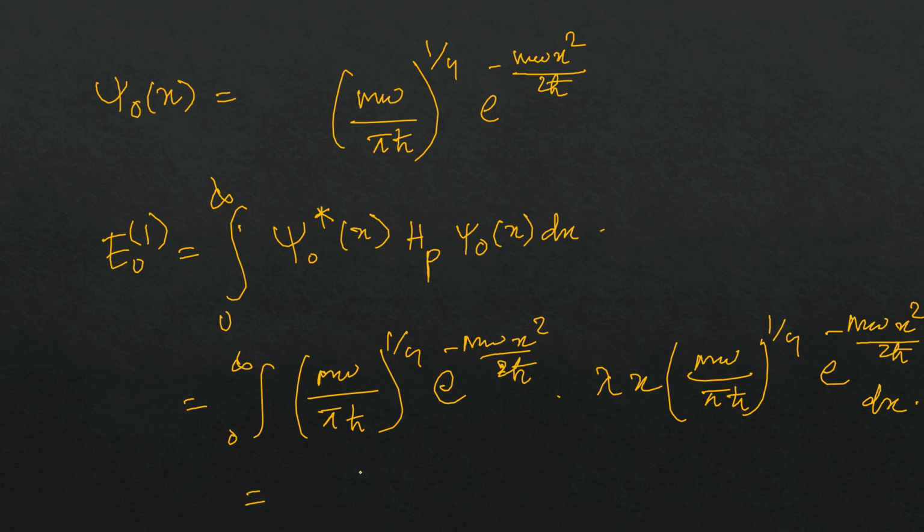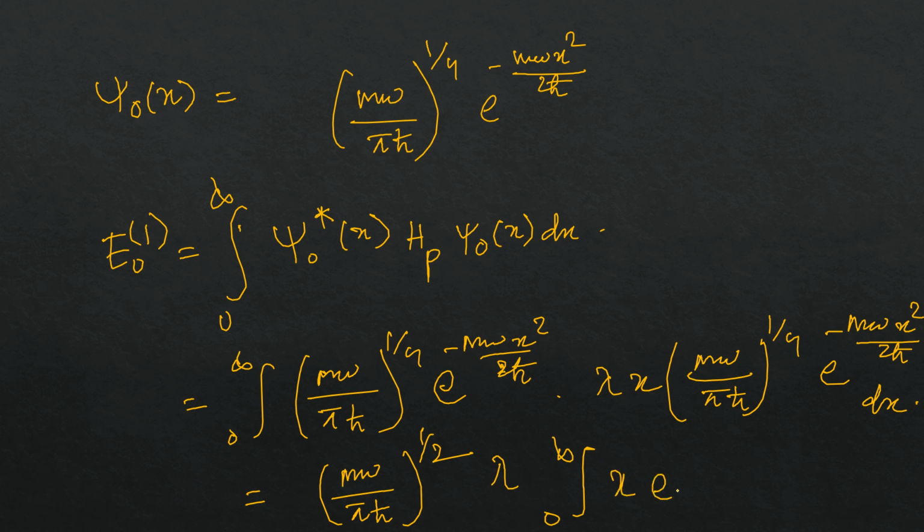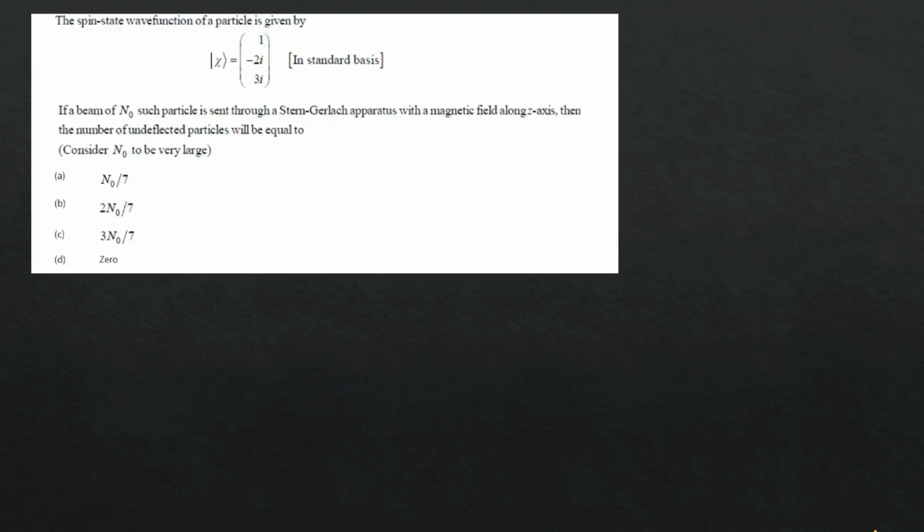Now m omega by pi h cut comes out with power 1/2, because 1/4 plus 1/4. Lambda also comes out: 0 to infinity x e^(-m omega x^2 by h cut) dx. Right? So now we have to just integrate.